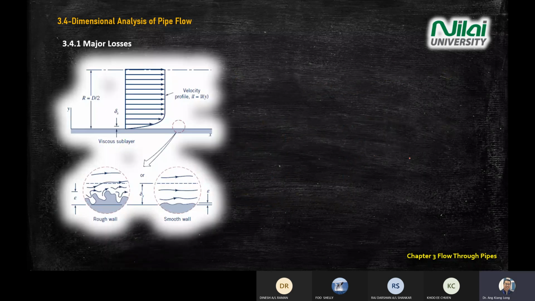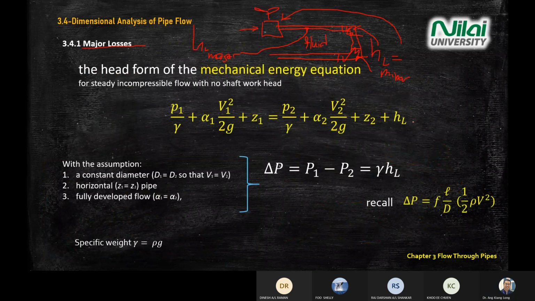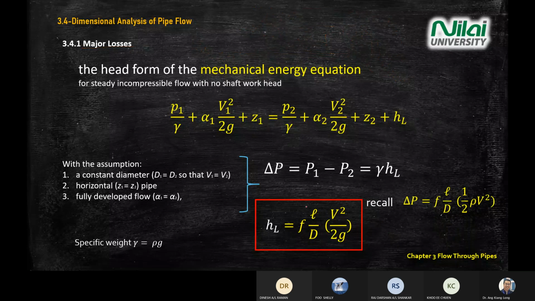Okay, so let's jump to the equation. Remember this equation: HL equals FL over D, V squared over 2G, because we already proved that delta P equals FL divided by D and the dynamic pressure, half rho V squared.